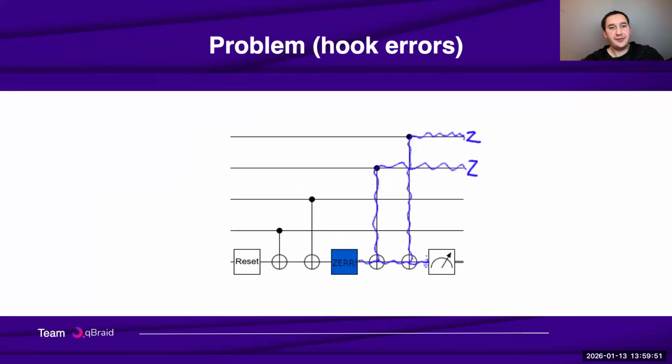But the problem when you do these Trotter circuits is that there are hook errors. When you have CNOT gates between qubits in your code space, a single qubit error can propagate to a multi-qubit error, which might be undetectable depending on the distance of your code.